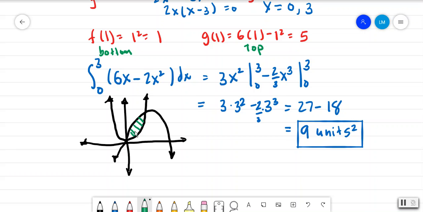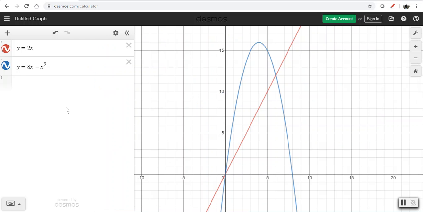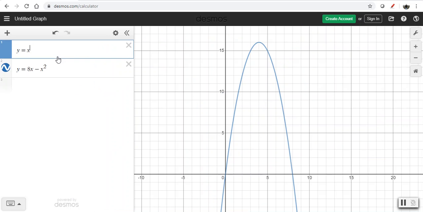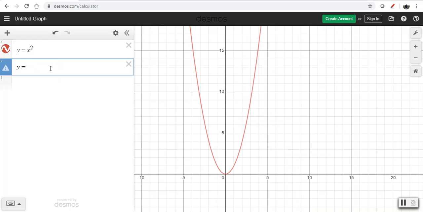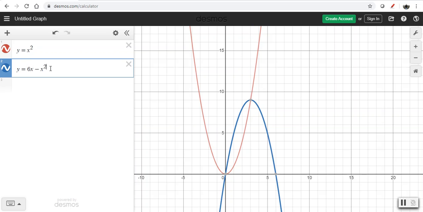So, and again, if we had that we were going to integrate from two lines like x equals a and b, then we would also include those. Okay, so if we go back to desmos.com, we can actually change this to x squared, and then change that to 6x minus x squared.